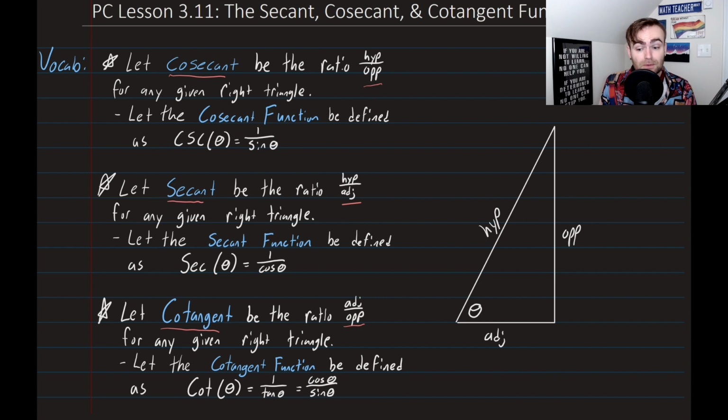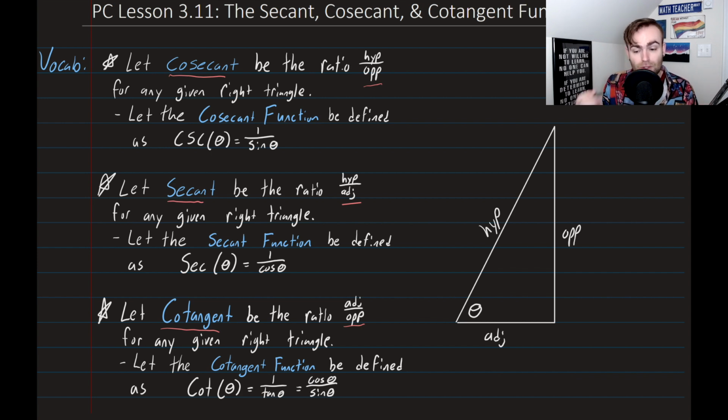So, a clear note: every co-function, every function that starts with a co, is paired up with a non-co-function. Cosecant is paired with sine, secant is paired with cosine, and cotangent is paired with tangent. So sine and cosine aren't matched here, secant and cosecant are matched here. There's a reason why that naming convention is the way it is, and we can discuss that later.